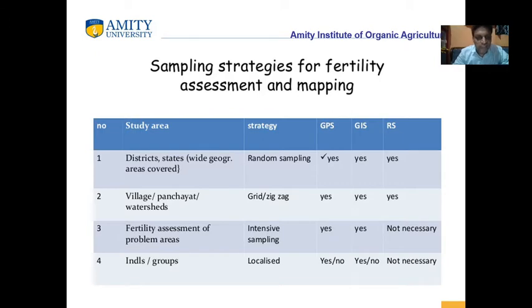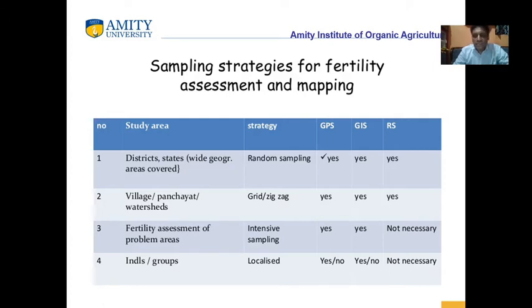But when the area is more or less than that, we have to find fertility level, we have to find problematic area like acid soils, alkaline soils, dry soils, rainy soils.